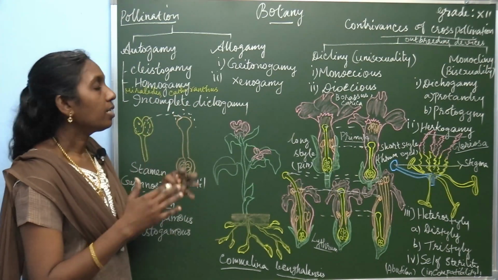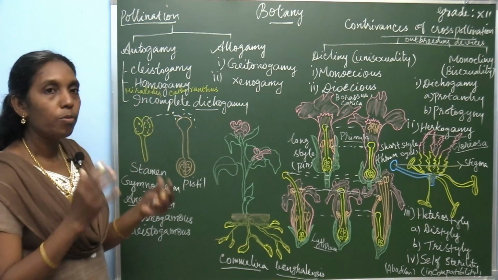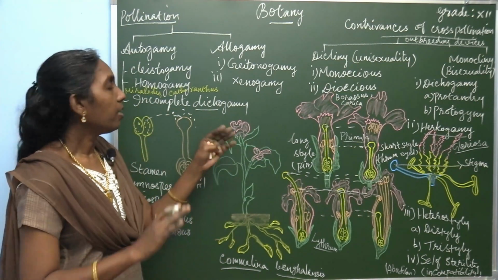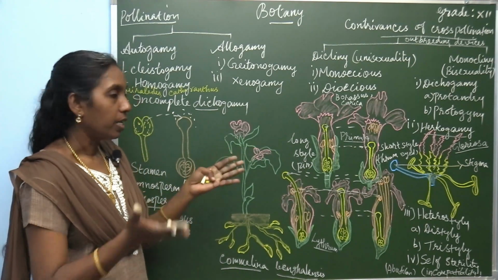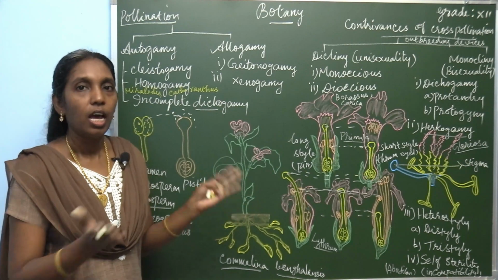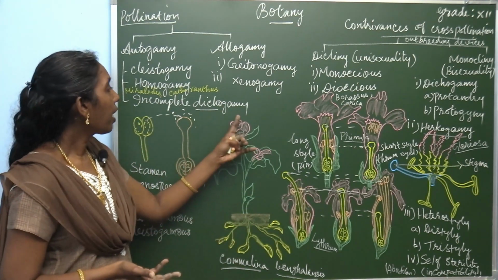Then, incomplete dichogamy. Dichogamy is the opposite of homogamy. In homogamy, maturation takes place at the same time. Here in dichogamy, the anther and gynoecium mature at different times. Androecium and gynoecium mature at different times, that is dichogamy.